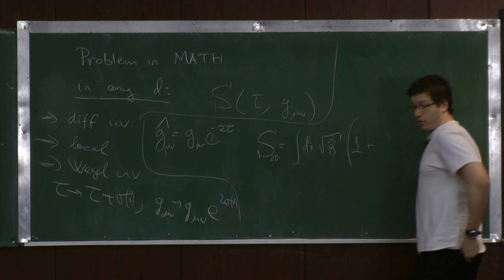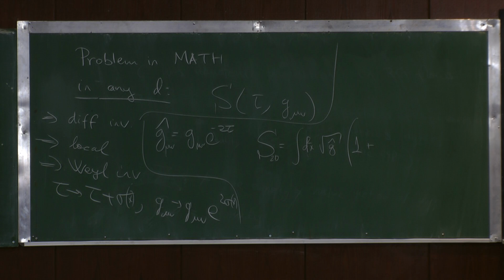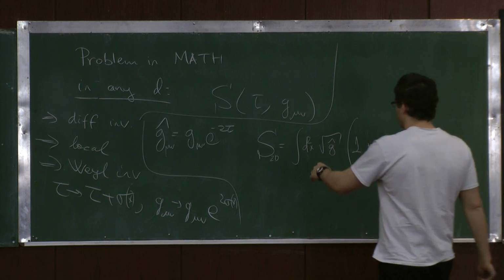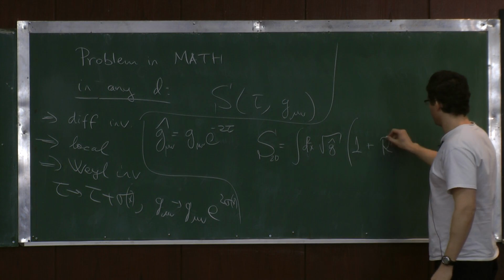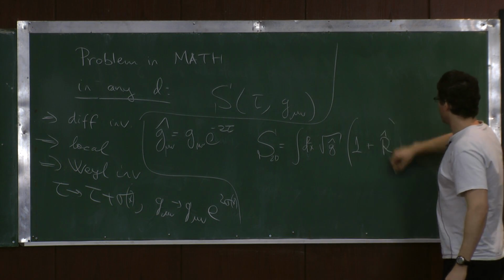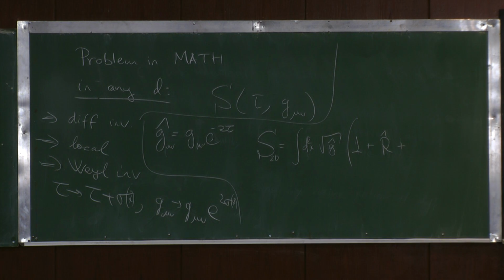Now you start looking for candidates with 2 derivatives. And this is where the first surprise comes. There are no candidates at 2 derivatives. The only thing you can write in terms of this g hat, which is diff invariant with 2 derivatives, is the Ricci scalar. Let me denote the Ricci scalar composed out of this metric g hat as R hat.